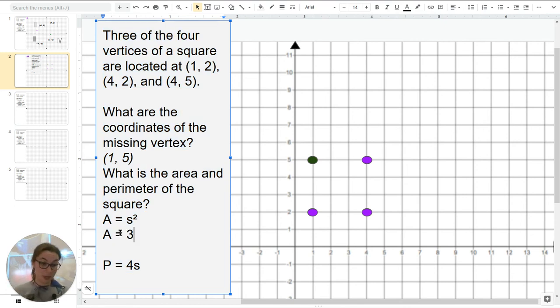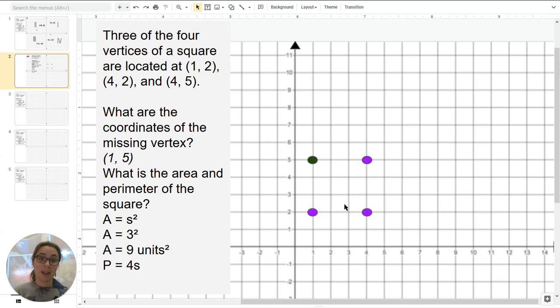Well, my sides are 3. Substituting my value, 3 squared. If we solve that, 3 to the power of 2 equals 3 times 3, which equals 9 units squared. All right, our area is 9 units squared. And we can actually see that looking at this: 1, 2, 3, 4, 5, 6, 7, 8, 9.